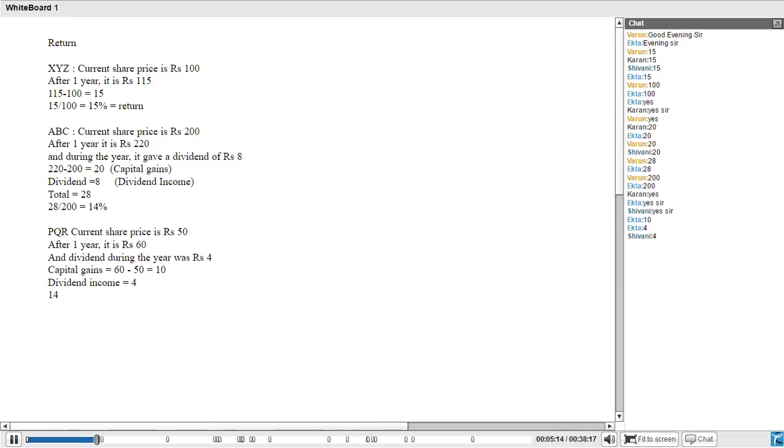And how much did I invest in buying a share of PQR? 50. So what is my return in this case? Exactly. So my return was 28%. Is this clear? Great.